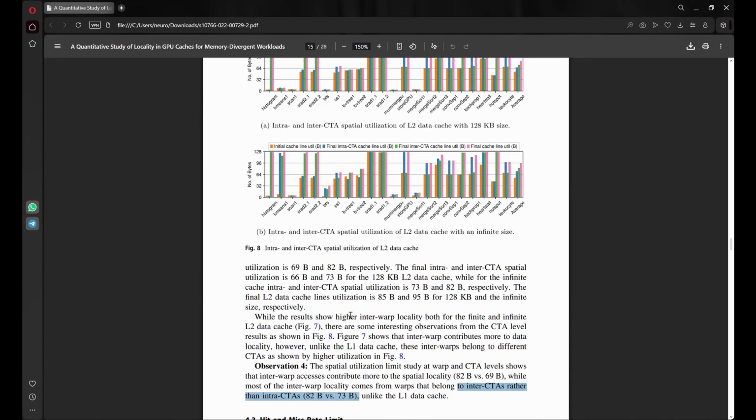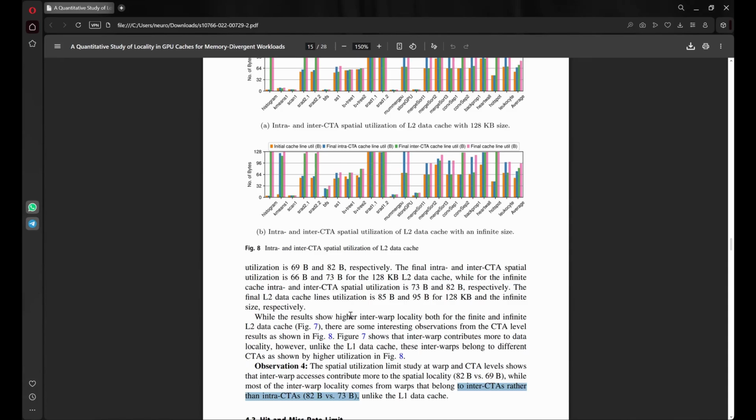But if you look at L2 cache, most of the spatial utilization coming from other warps is from warps outside of the exact same CTA.